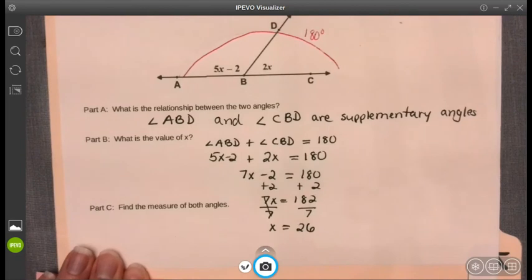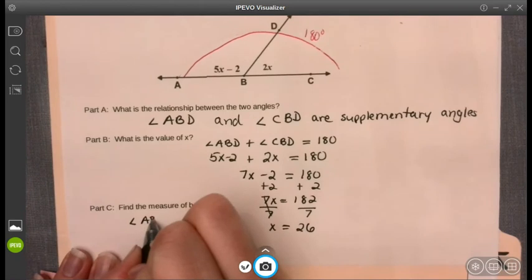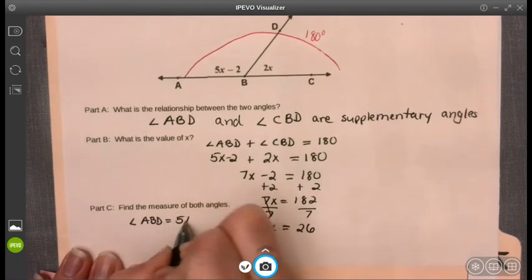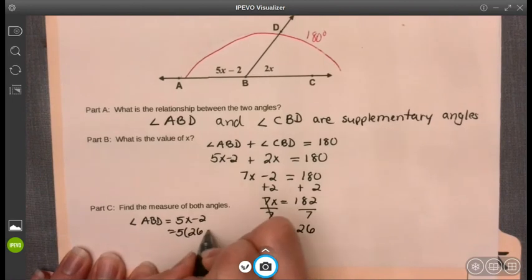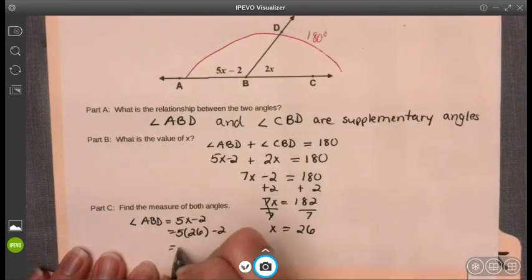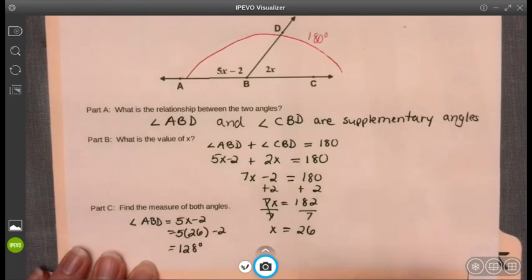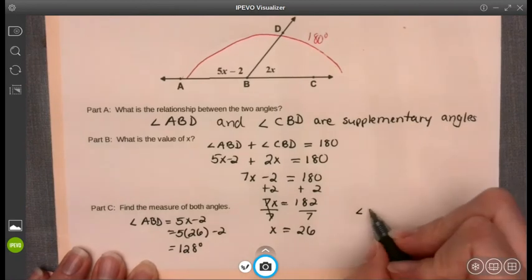So if the measure of angle ABD is 5x minus 2, I'm now going to substitute 26 in place of the x and evaluate. So that's going to be 128, I believe. And now that is degrees because I'm telling you what the measure of angle ABD is. And the measure of angle CBD.